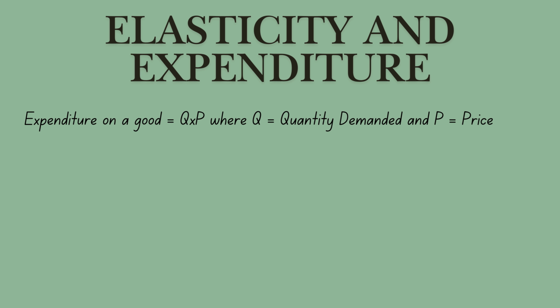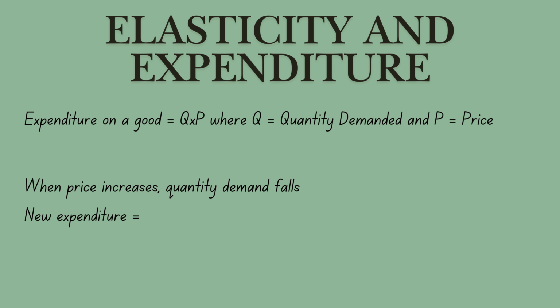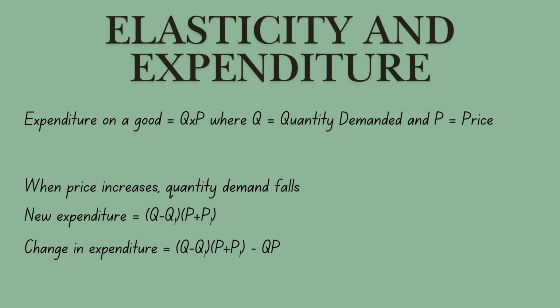We know that when price of the good increases, its quantity demanded falls, and therefore our new expenditure will be Q minus Q1 into P plus P1, where Q1 and P1 are the changes in quantity demanded and price respectively. Thus, our change in expenditure would be Q minus Q1 into P plus P1 minus QP.